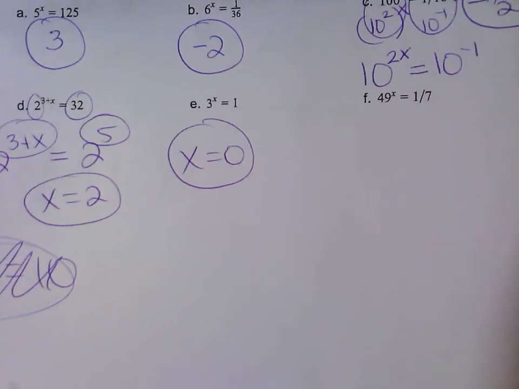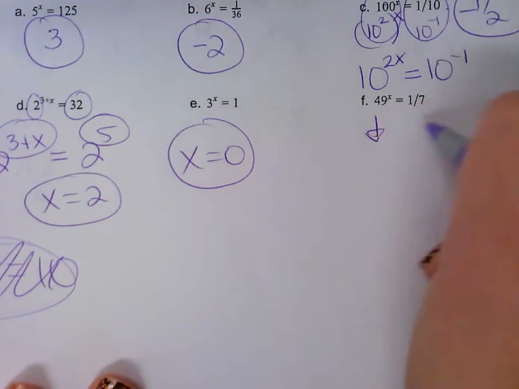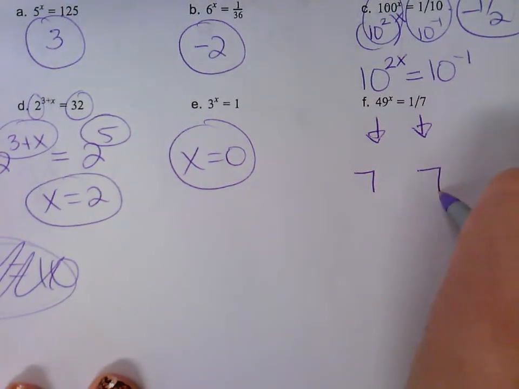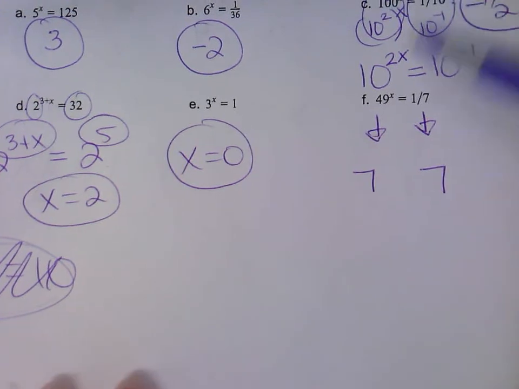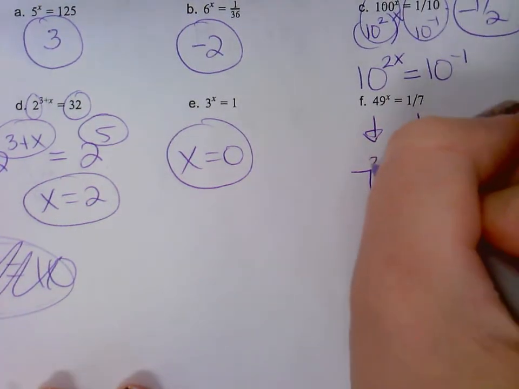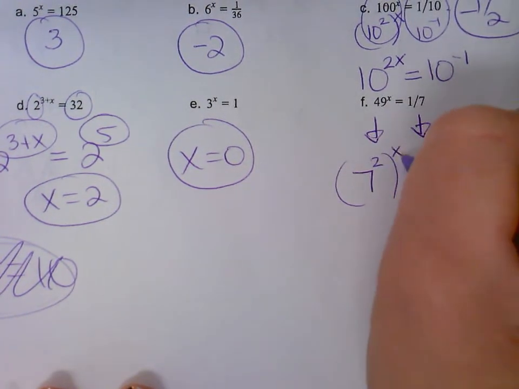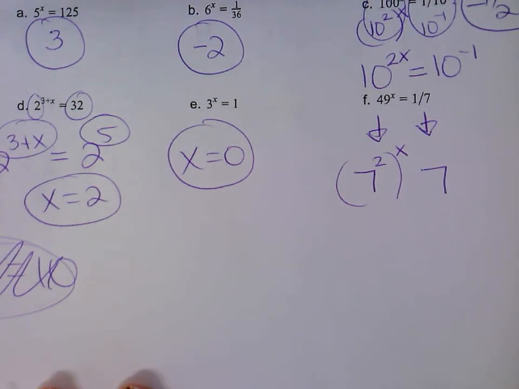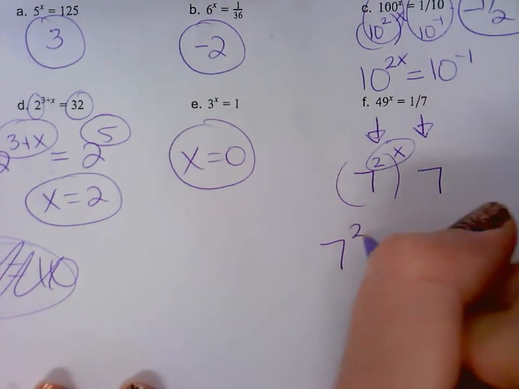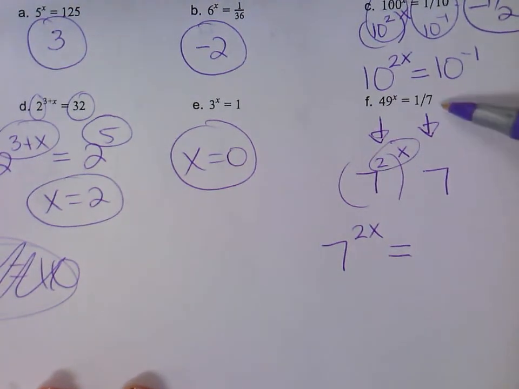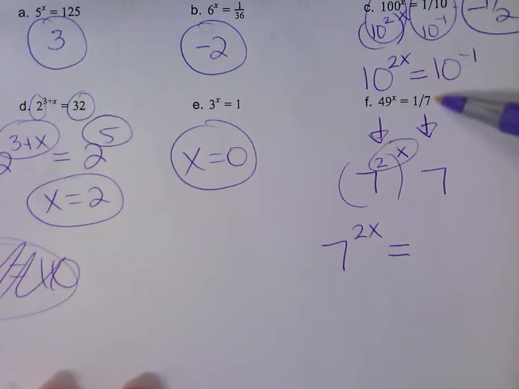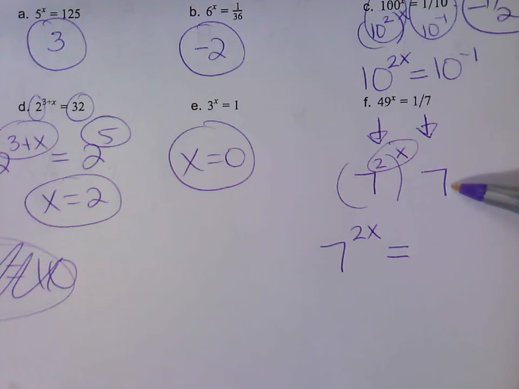And then f is tricky. So what I would do is I would try to rewrite both of these with a base of 7. 49 is 7 squared, right? And then it's being raised to the x. 2 times x. So 7 to the 2x equals, how can I rewrite 1/7 as a base of 7?